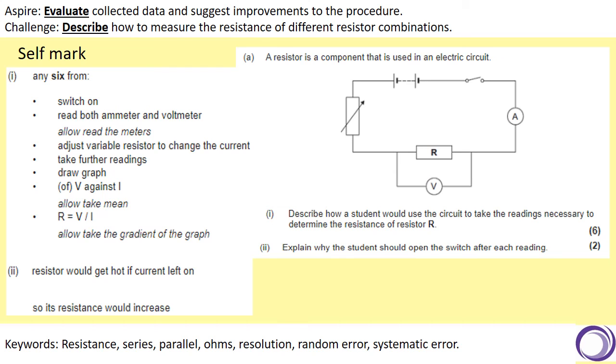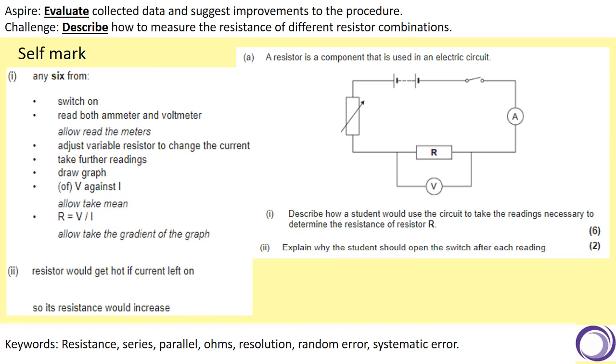Or you could plot a graph of V against I, the potential difference against the current. You could even find the gradient of that if you put the potential difference on the y-axis and the current on the x-axis. So have a look at what you've got, see how many marks you've picked up. I would have thought you should have picked up 4 on that, if not more.